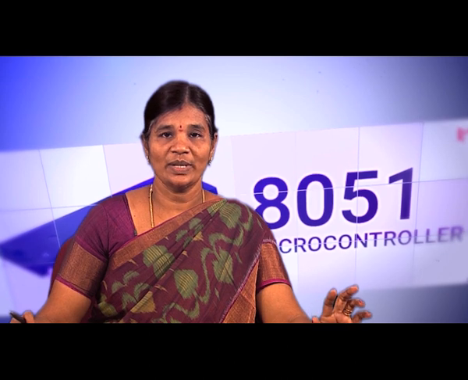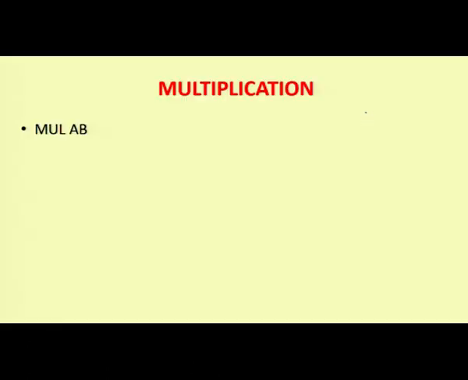The next operation is multiplication. In case of multiplication, the two operands, multiplier and multiplicand, should be loaded in the accumulator and B register. By using the MUL instruction, you can directly perform the multiplication. Suppose you have the value 30 into 15, both hexadecimal, then you can easily write MOV A, 30H, then MOV B, 15H.